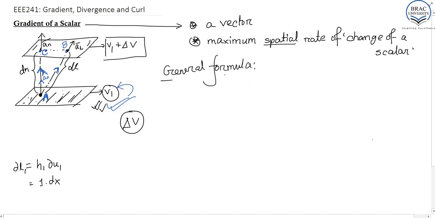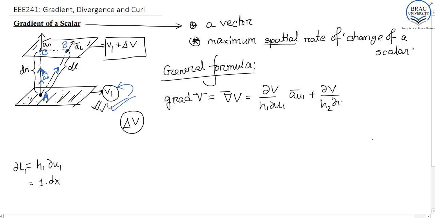So the general formula of the gradient of a scalar, or nabla V, is given by (1/h1) dV/du1 au1 plus (1/h2) dV/du2 au2 plus (1/h3) dV/du3 au3. All right, so this is the formula that we'll be using to calculate the gradient of a scalar.